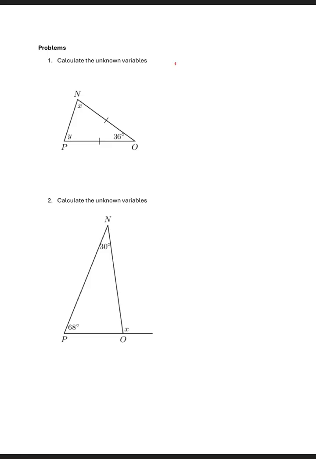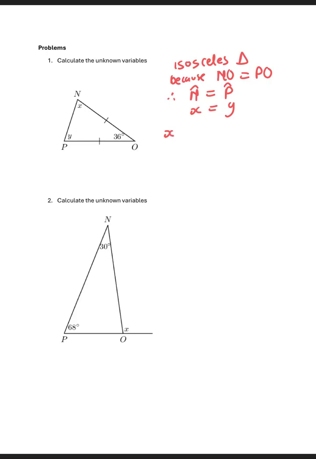So this is an isosceles triangle because NO is equal to PO. Therefore, it means what? Angle N is equal to angle P, right? So that means X is equal to Y.